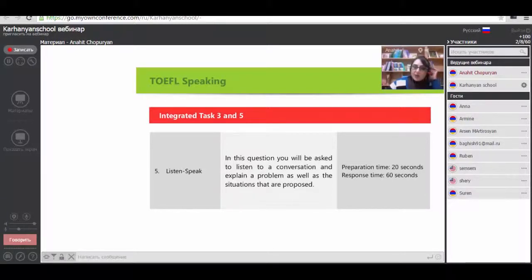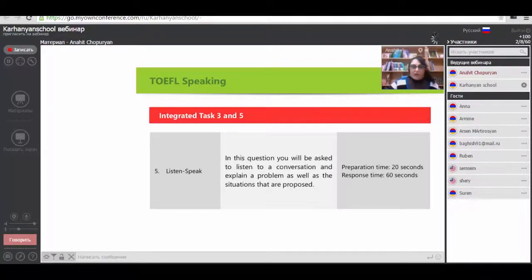In this question, you will be asked to listen to a conversation and explain a problem as well as the solutions that are proposed. Here, be attentive. In task 5, you will be asked to represent your understanding of the problem. You will have to support one side. Again, you will have 20 seconds to prepare and 60 seconds to record your answer.